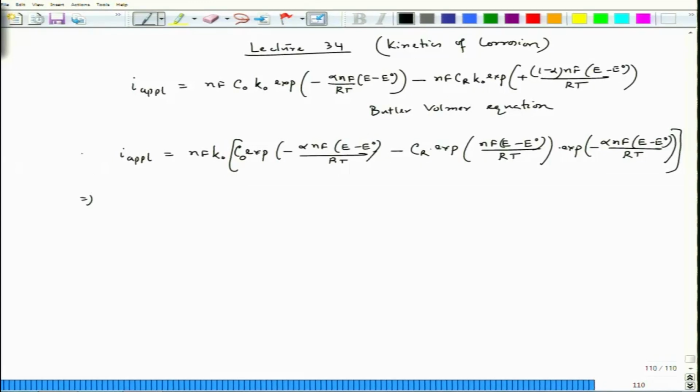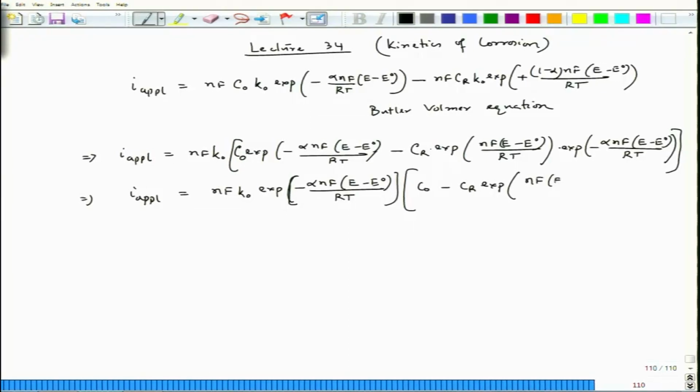Then we can write equal to nF K0 exponential minus alpha nF (E minus E0) divided by RT, C_O minus C_R exponential nF (E minus E0) by RT.